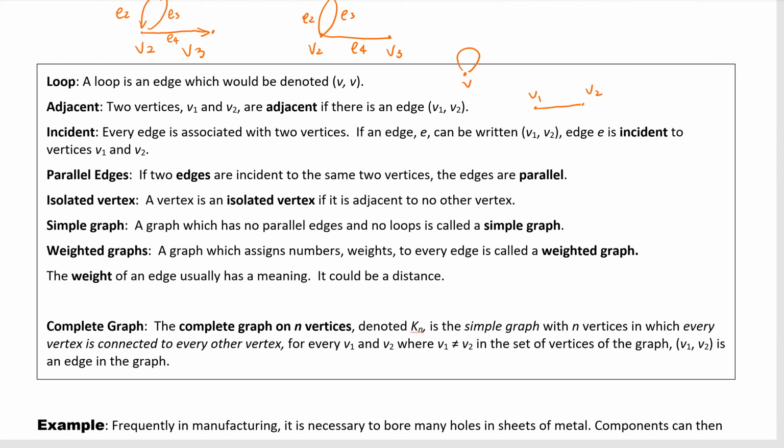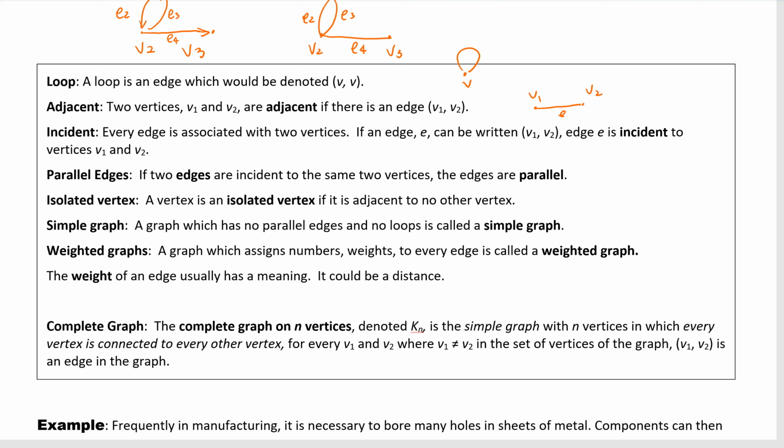Incident. Every edge is associated with two vertices. If an edge E can be written as (V1, V2), then edge E is incident to vertices V1 and V2. So let's say this is E, then we can say E is incident to the vertices V1, V2.